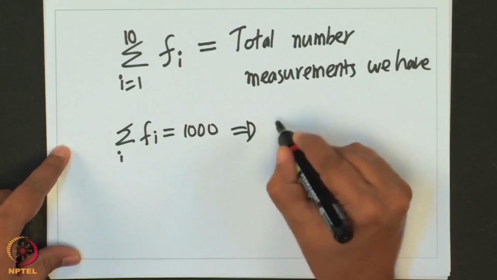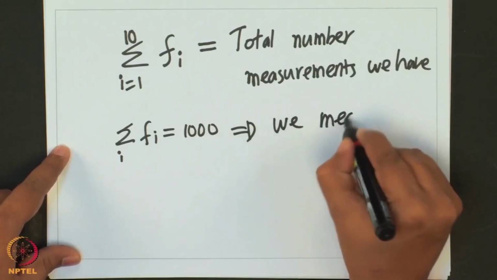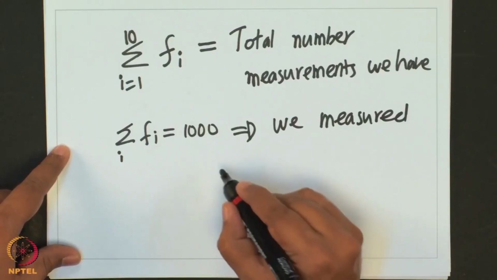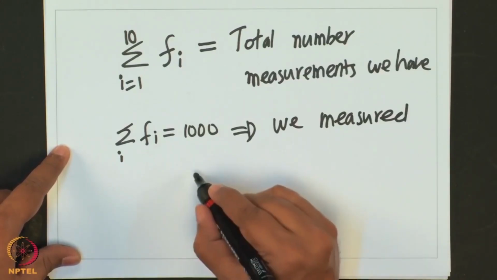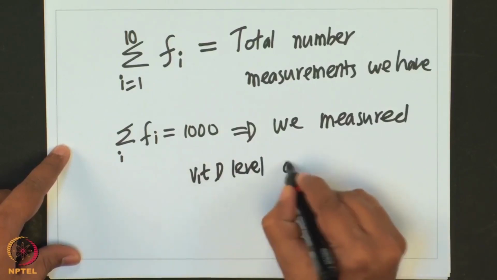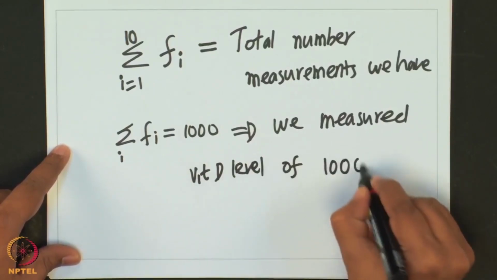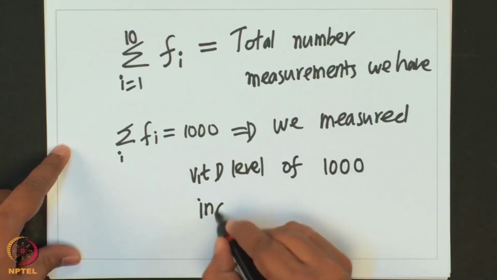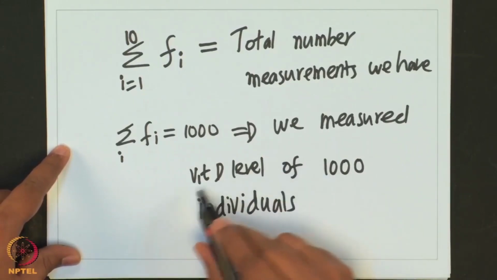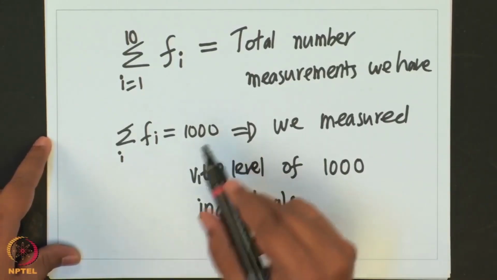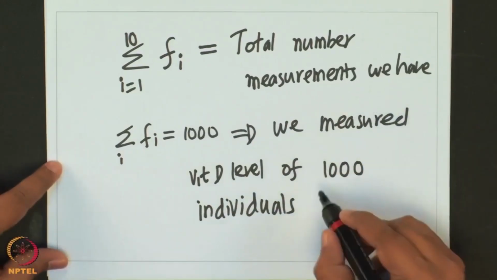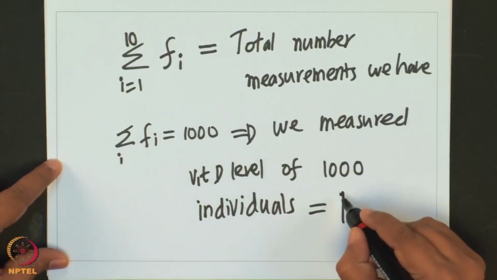This implies we measured some quantity, let us say vitamin D level, of whatever the measurement we do, 1000 individuals. Whatever be the measurement, this is what it means. So this is the first meaningful quantity. Sum over I Fi is 1000, which is the total number.